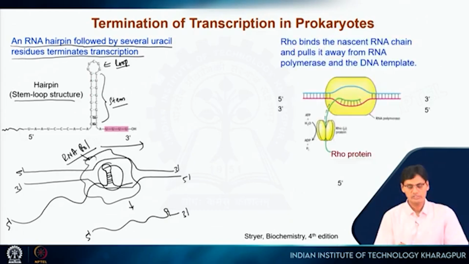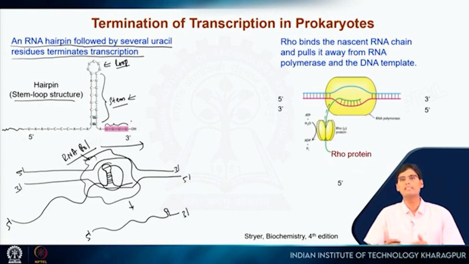Now if you see carefully, following this stem loop structure, we have multiple U residues in the mRNA. If we have multiple U residues in the mRNA, that means in the template we have multiple A residues present. So with a stem loop structure followed by multiple U residues, the template and the nascent RNA have Watson-Crick base pairing.